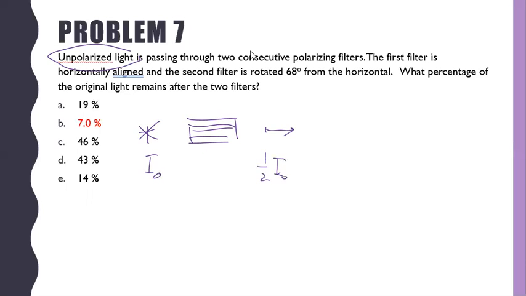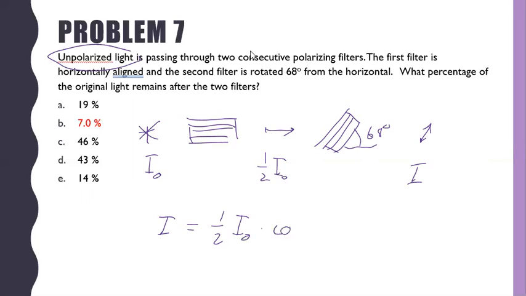That intensity goes into the next one, and the next one says it's rotated at 68 degrees. So now I have light rotated in that direction. The intensity that I get at the end will be the intensity going into that last filter times cosine squared of the angle between the direction it was before the last filter, that's horizontal, and the angle afterwards.